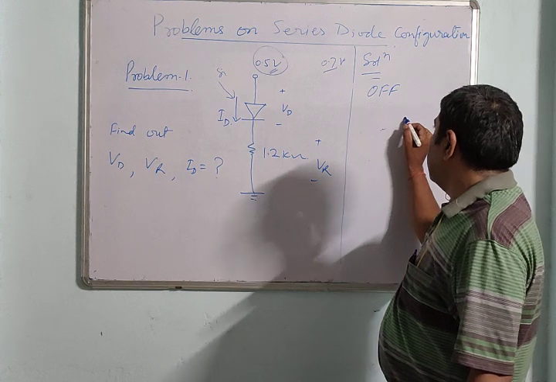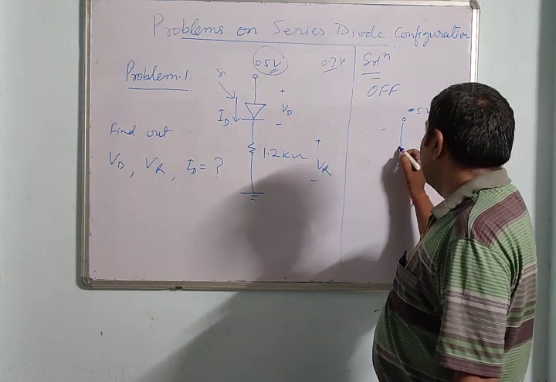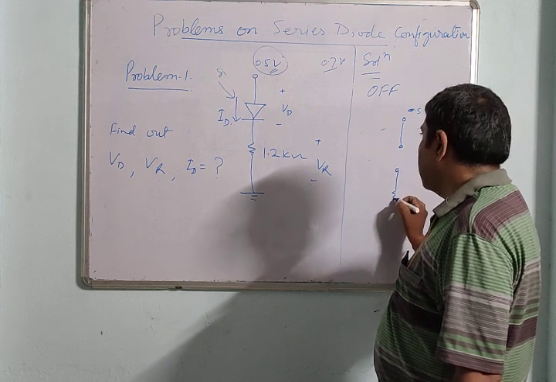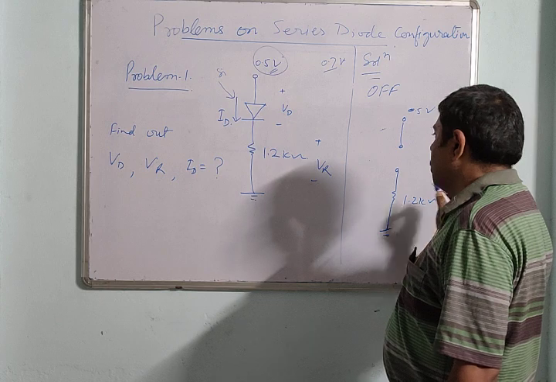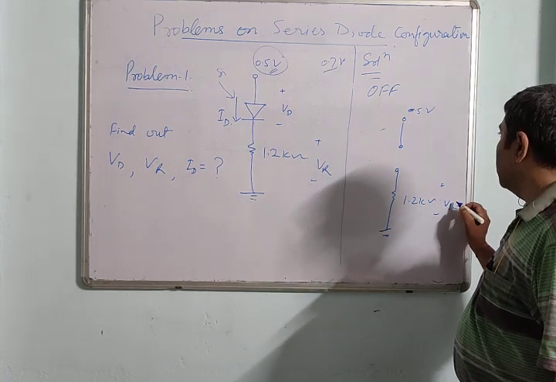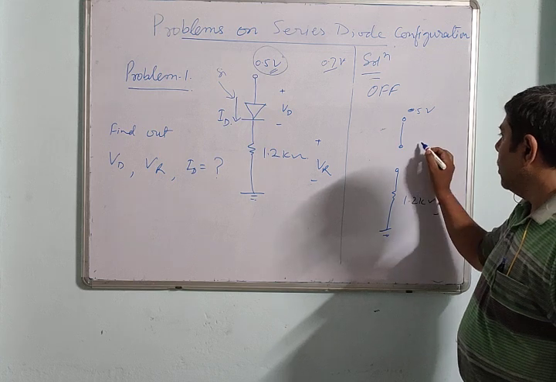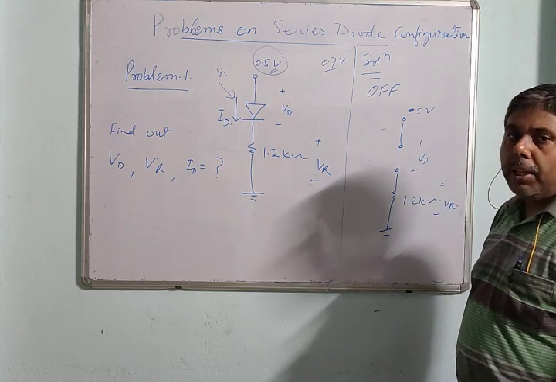Then what is the equivalent circuit? You can write here 0.5 volt, this open circuit, then resistance 1.2 kilo. Here the drop is VR. Diode drop is VD.